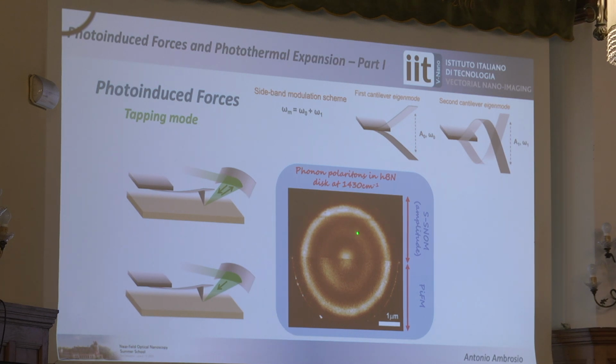So the difference on this HBN disk is that here you collect the light and you do heterodyne. Here you don't collect any light and you do it mechanically. And the amplitude signal looks like it goes in the direction of the PFM signal. And this opens up some more questions that I will give you in a second.